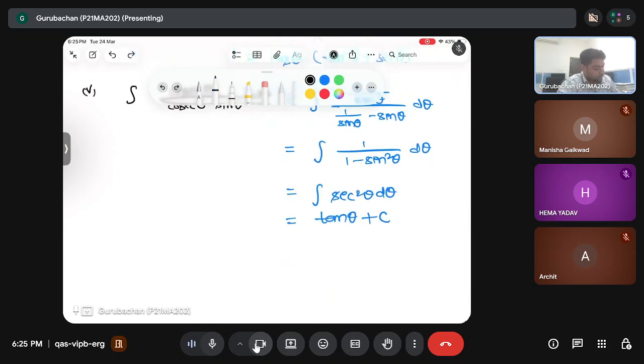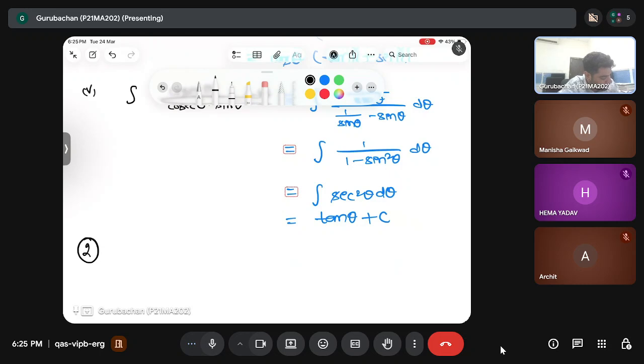So the next one, I'm giving you the integration value. You need to check it, and you need to confirm whether it is written correctly or not. If it is not, then what will be the correct form of integration?